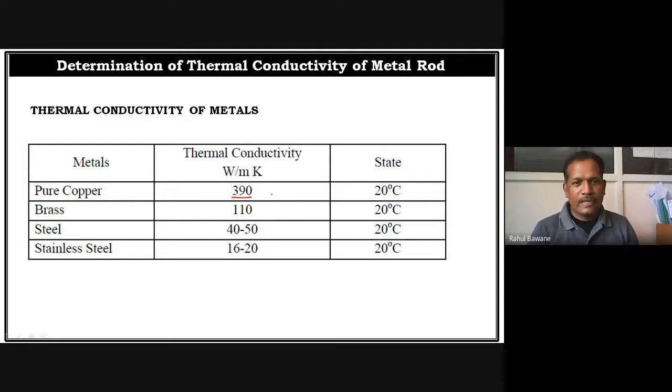So the heat transfer rate by free electrons gets reduced. Whenever any material is heated, as temperature increases, its thermal conductivity decreases, especially for metal. There might be one or two exceptional metals, but in most cases, with increase in temperature, thermal conductivity of metal reduces.